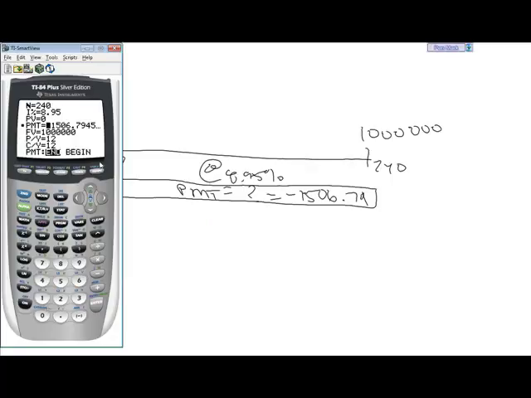Now, one interesting aspect is, check out what happens if we just increase this by 10 years. So 360 months. That's 10 years later. Look at what happens to the payment. Look how drastically that's dropped. That dropped by 2/3 of its amount, roughly. This is because we call it time value of money.